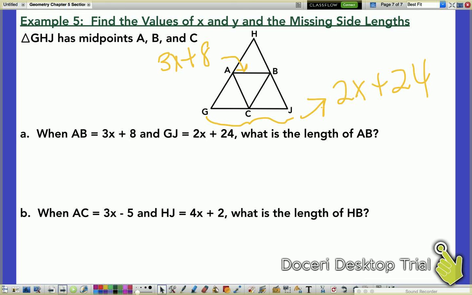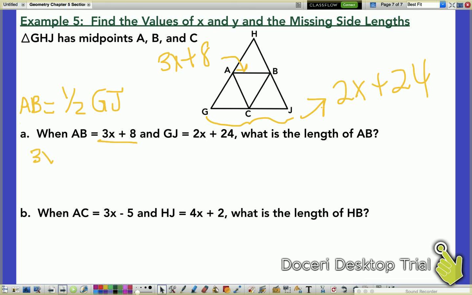So I know that AB, and sometimes it helps to write this out in letters so you get your numbers in the right place, is half of GJ. So plug your numbers in.